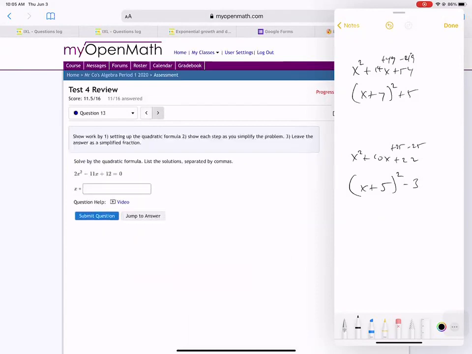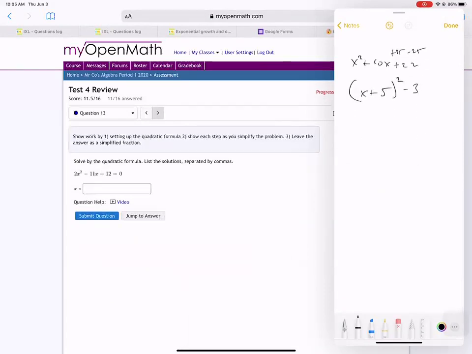All right. Now for this one, they want us to use the quadratic formula. All right, so I better see the quadratic formula: x squared minus 11x plus 12. And if you read the notes on top, show work. 1, set up the quadratic formula. 2, show the steps to simplify the problem. And then 3, leave the answers here as a simplified fraction.